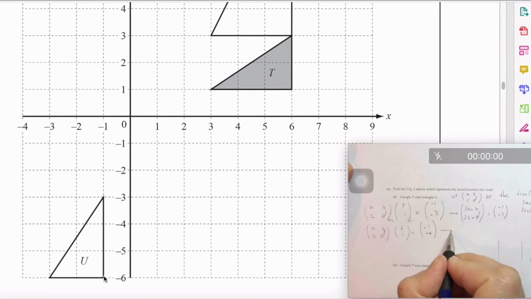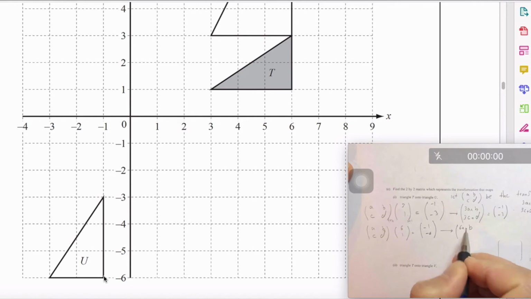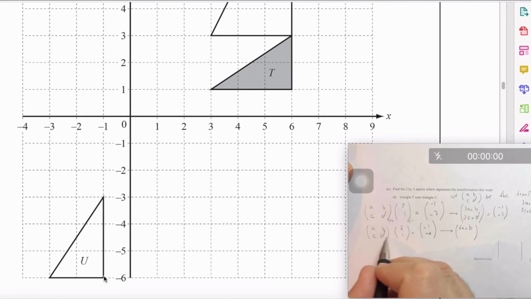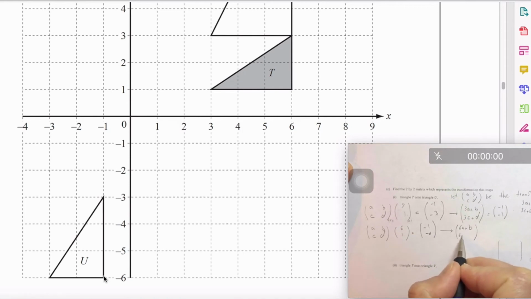Now, I do the same thing here. First row, first column, 6a plus b, and next, second row, first column, it will be 6c plus d, to be -1, -6.